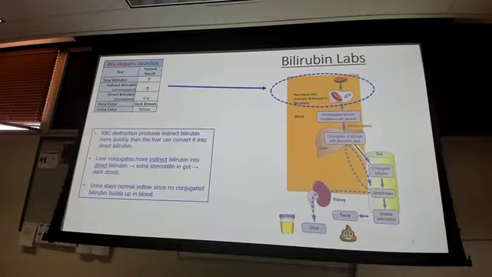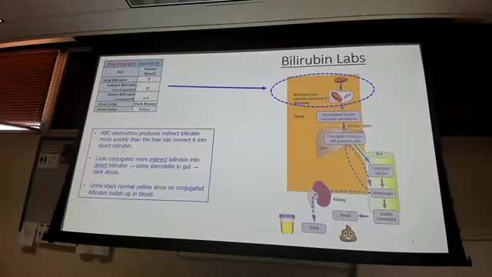So when we have increased RBC destruction, hemolytic anemia, sickle cell, something's causing those RBCs to break down. That indirect bilirubin is going to the liver. The liver can only process so much indirect bilirubin.